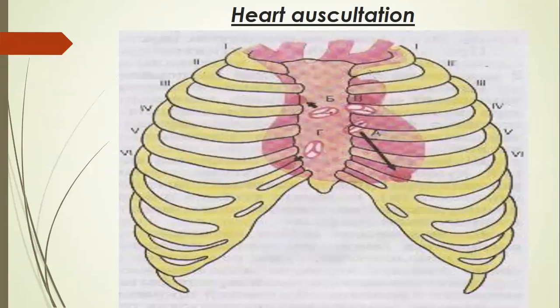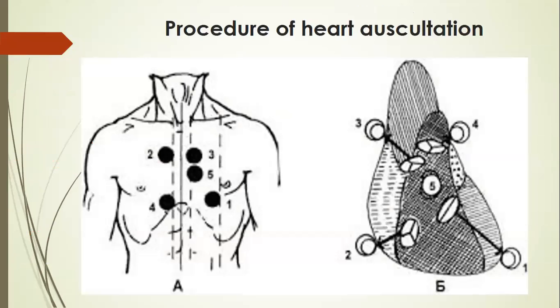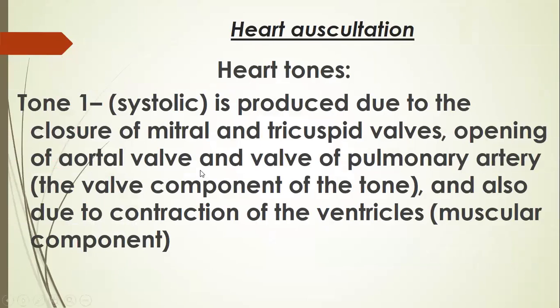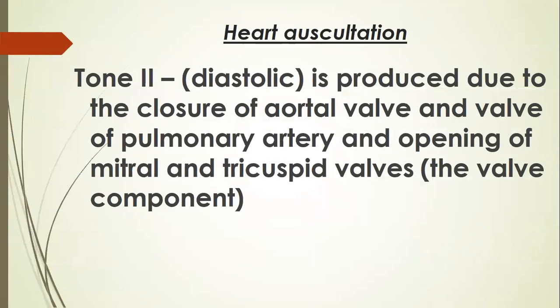On the slide, you can see the projection of the heart valves onto the chest. And on this slide, you can also see the procedure of heart auscultation: the first point, the second point, the third, the fourth, and the fifth point. Using heart auscultation, we, as a rule, hear the tones of the heart. The first tone has two components, the valve component and the muscular component, and it's systolic.